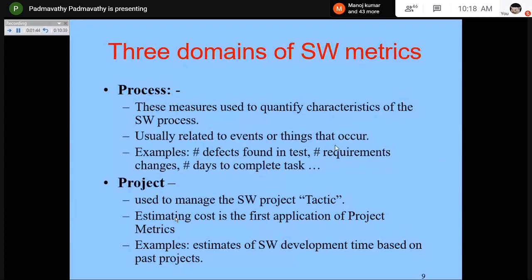So you need proper metrics to estimate. Project estimation is another topic you will be studying. It includes estimating the software development time based on similar projects done previously. So time estimation and cost estimation are all evaluations, some sort of measurements with respect to the project.